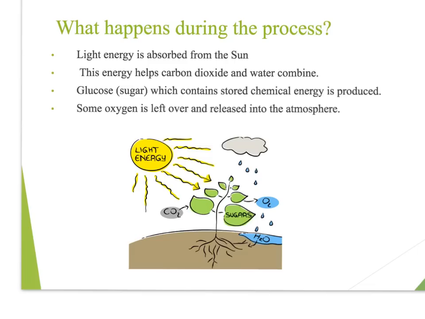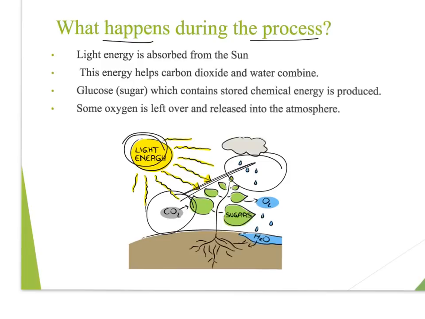And so what exactly happens during this process? The first thing that happens is the light energy, or radiant energy, is absorbed from the sun. This energy helps carbon dioxide and water to combine. When that carbon dioxide and that water combine through that light energy, then glucose is going to be formed in the form of stored chemical energy.